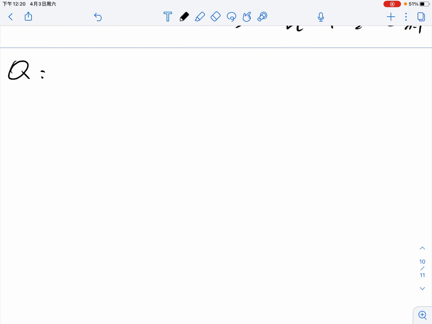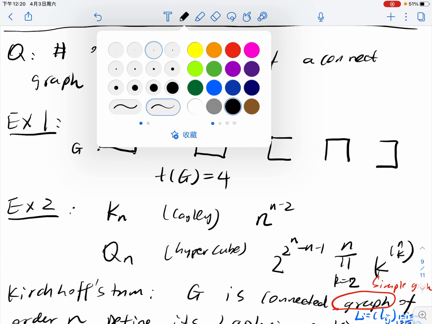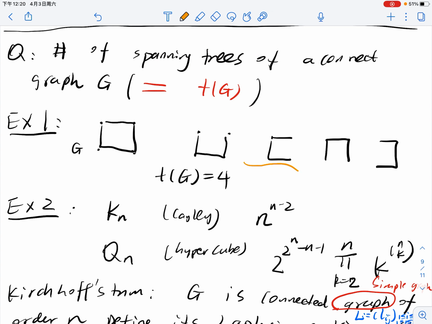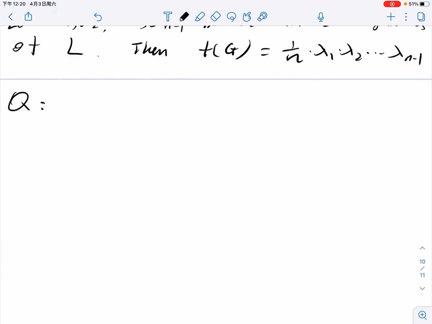And another similar question is, we look at the example, we will find that these actually are isomorphic trees. So they are isomorphic. I hope you still remember what isomorphism means. That means you can have a map between vertices and edges so that you transform one graph into another one.